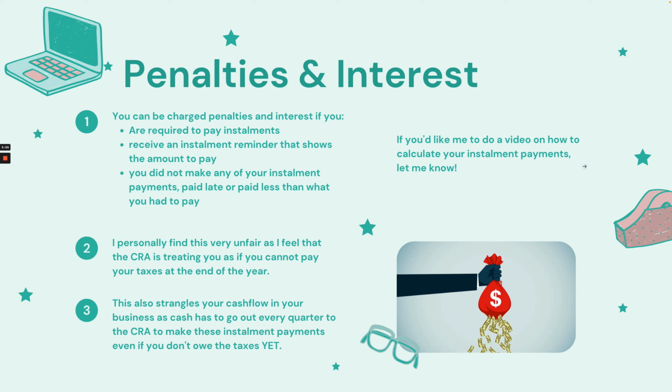So this happened to someone I know where they made really, really good money the first year. And so the CRA asked them to make installment payments. The next year, they didn't make as much money. So everything that they had to prepay the CRA, they ended up not even having to pay the CRA any tax that year because they already overpaid their taxes because of the installment payments.